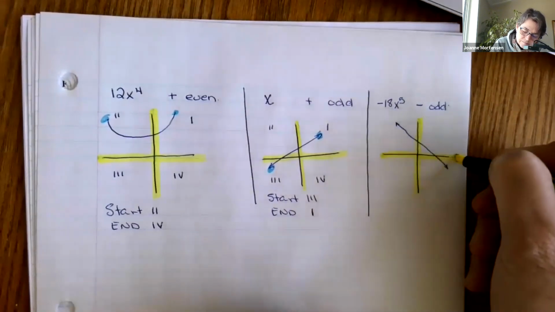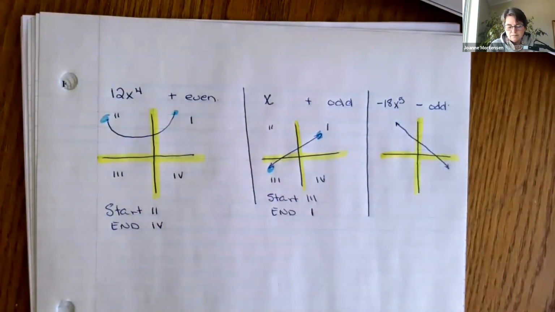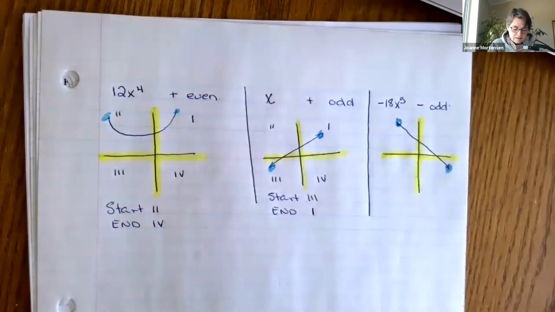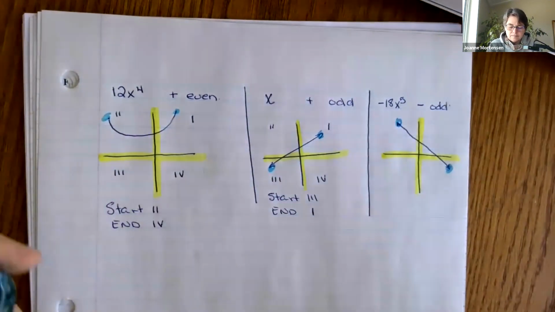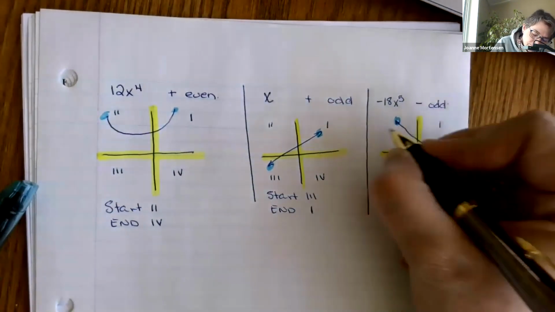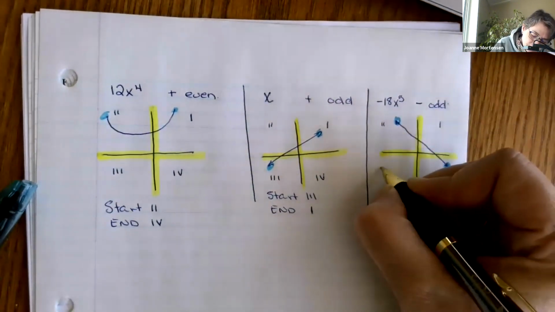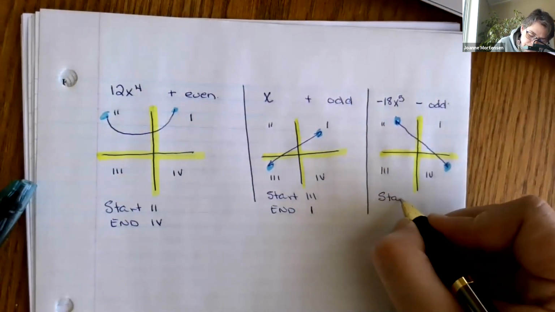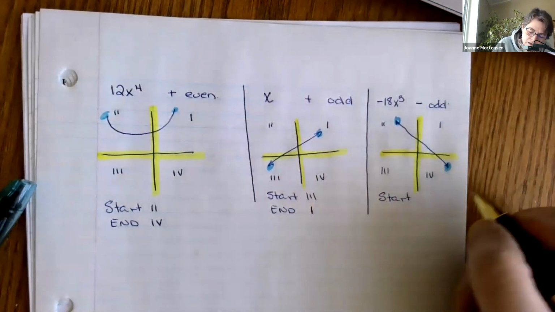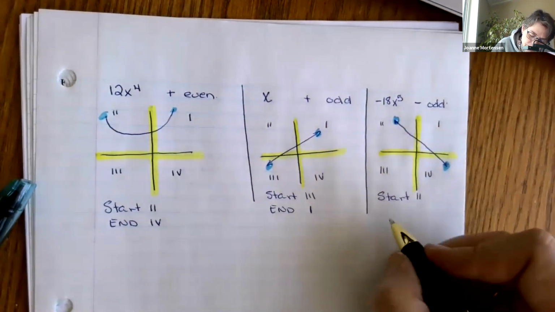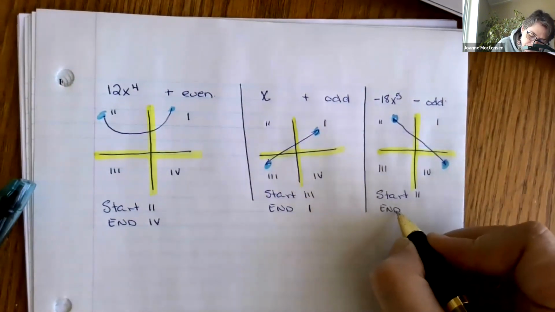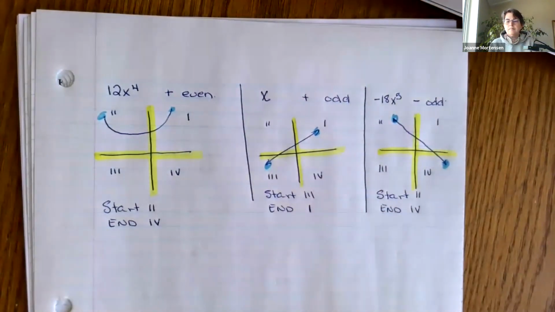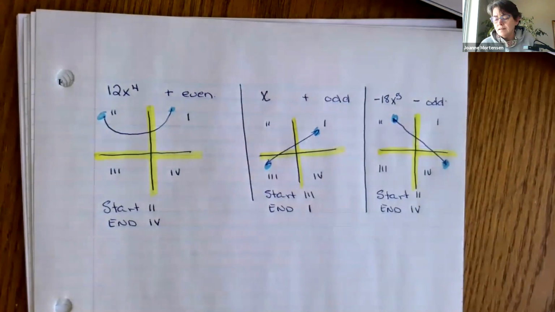There's my axes. Here's the ends of my line. Start is in 2, end in 4. Ta-da! There we go.